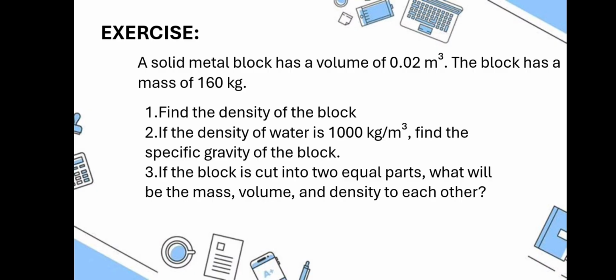We are asked to find the density of the block, the specific gravity of the block if the density of water is 1000 kg per cubic meter, and the mass, volume, and density of each piece if the block is cut into two equal parts.